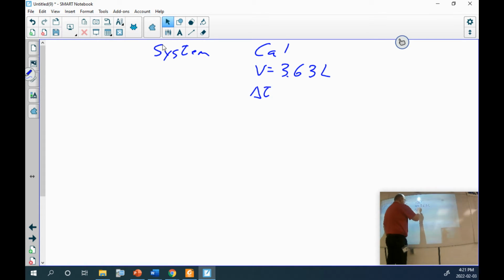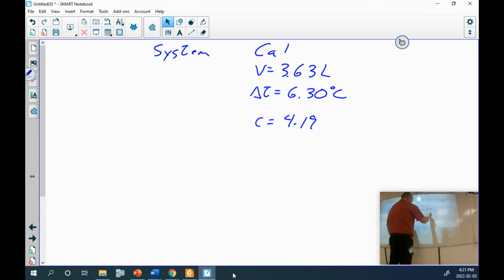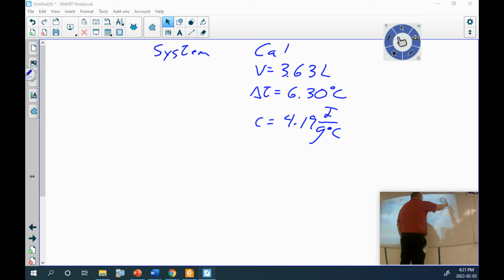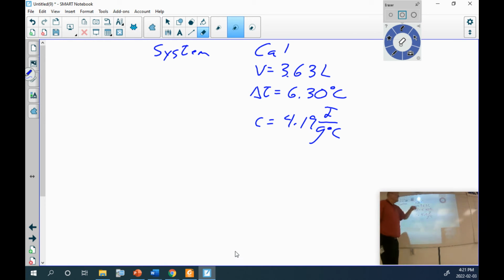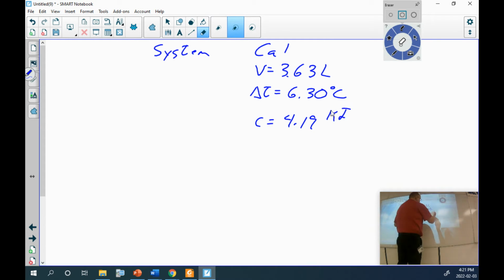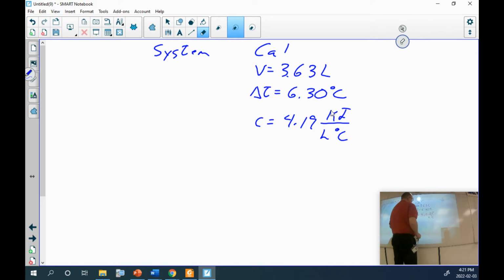The delta T is 6.30 degrees Celsius, the difference between them. Now, I could definitely show specific heat capacity 4.19 joules per gram degrees Celsius. I just probably won't because that guy's in liters. The nice thing about water, 4.19 stays the same. The units change. So everything on my calorimeter side, I record there, make my life a little easier.